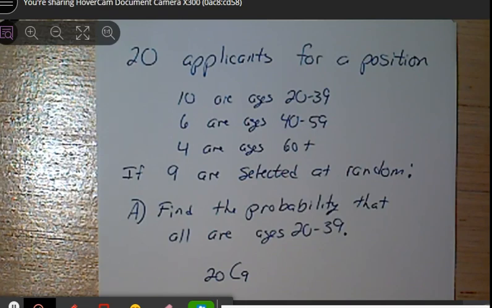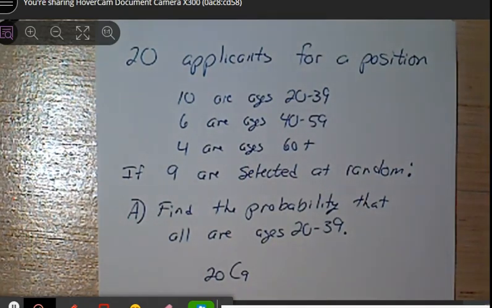So we've got 20 of them, we're going to choose 9. That's our sample space. Because the order doesn't matter, whether you're picked first or whether you're picked last, everything we're going to do is going to be a combination. So 20 choose 9 is our sample space.